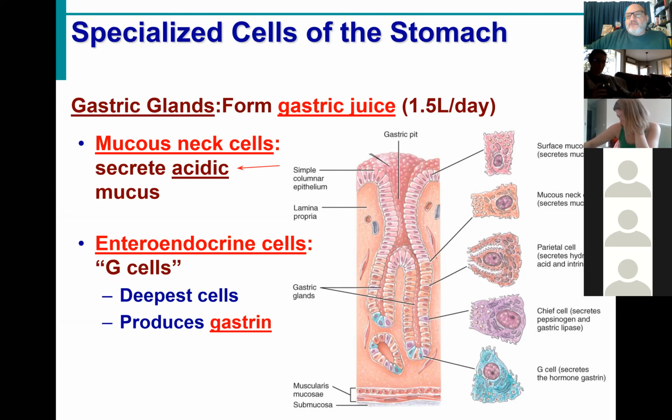And what do endocrine cells produce? Hormones, exactly. And if this cell is a single-celled gland producing hormones, do we want to make those hormones and then release them into the gastric pit and out into the lumen of the stomach? Is that what we do with hormones?